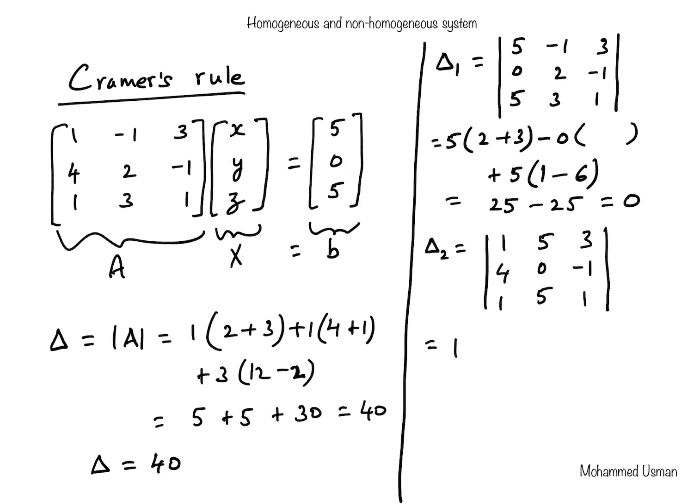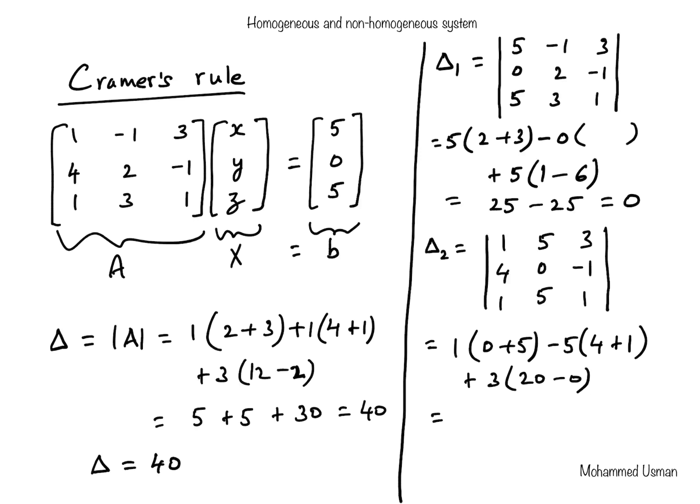1 into 0 plus 5, minus 5 into 4 plus 1, plus 3 into 4 5s are 20 minus 0.